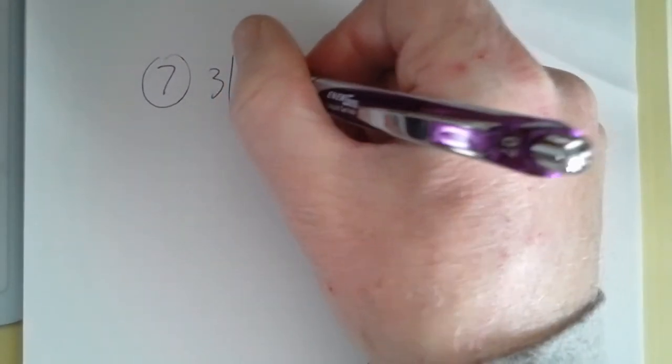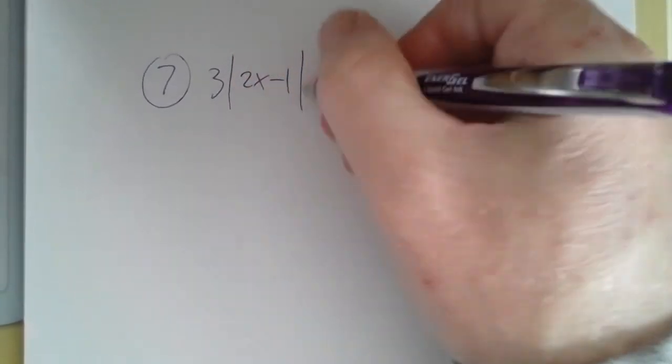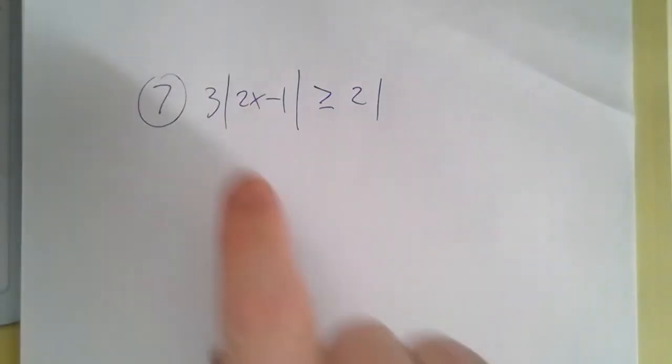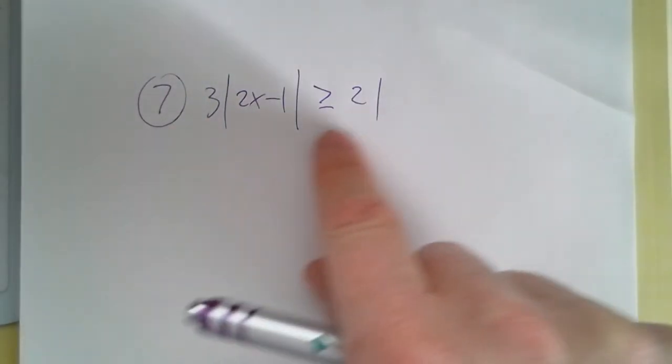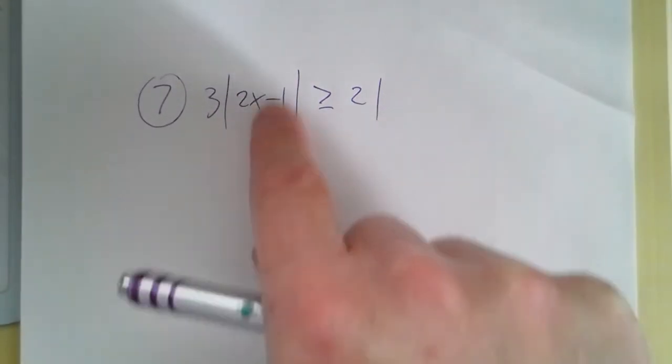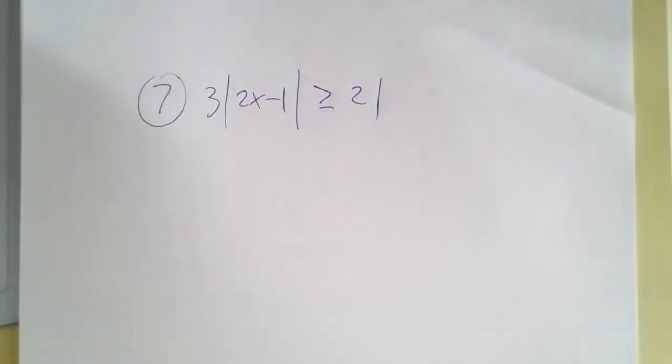Let's do this one here to finish it off. 3 times the absolute value of 2x minus 1 is greater than or equal to 21. So here, divide the 3 over first, okay? Then split it up. Then you have to do a little bit more solving, okay, than just regular ones.